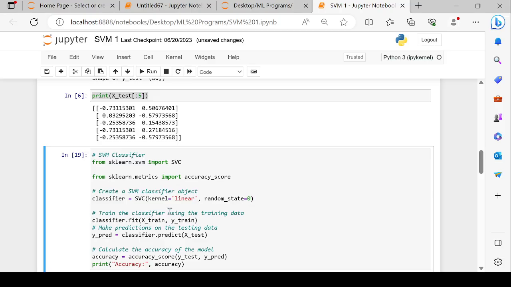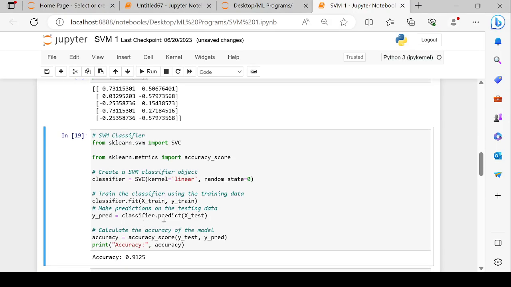Train the classifier using training data: classifier.fit(X_train, y_train). Make the predictions: y_pred equals classifier.predict(X_test). We get y_pred for the test data by using classifier.predict. Now the accuracy score you can get straight away: accuracy_score of y_test and y_pred. You can print the accuracy also.